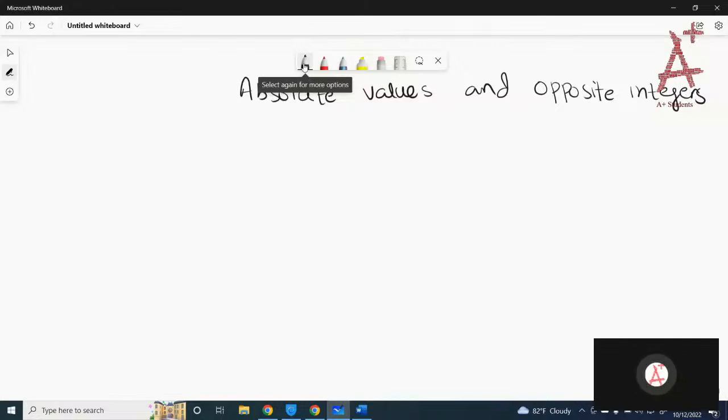So I'm going to write the definition of the absolute values. So just note down the definitions.